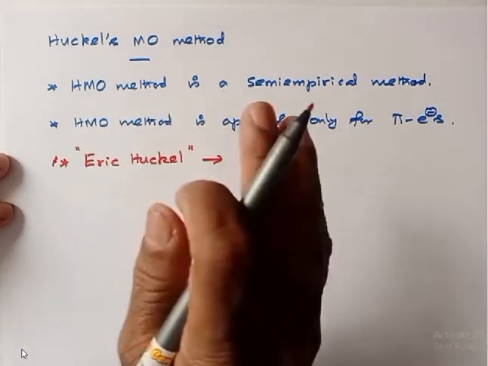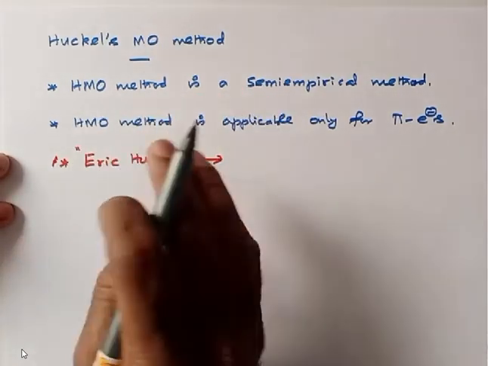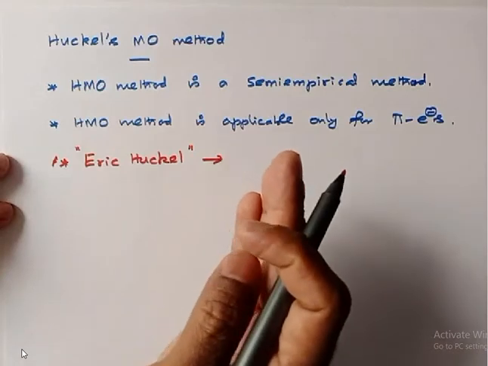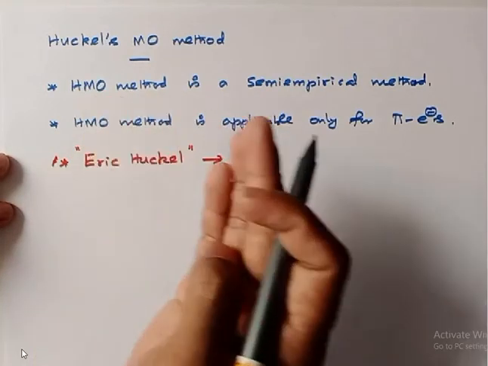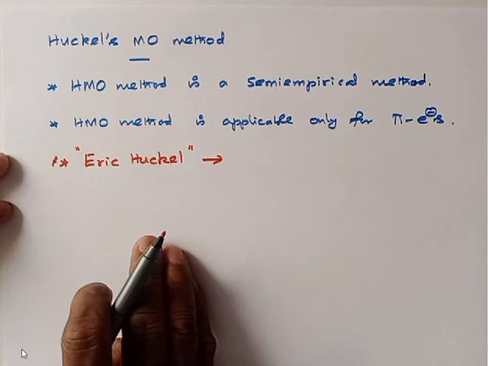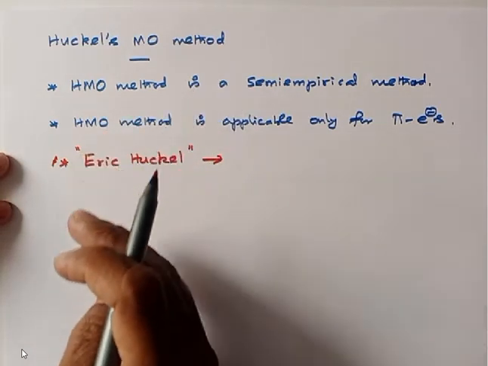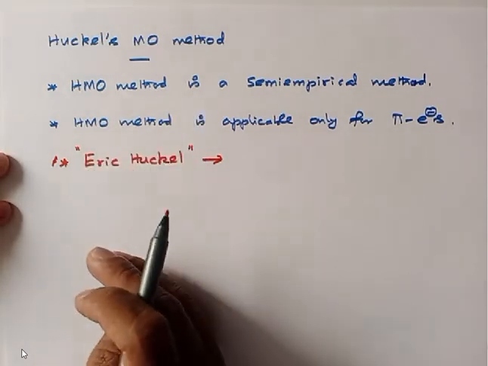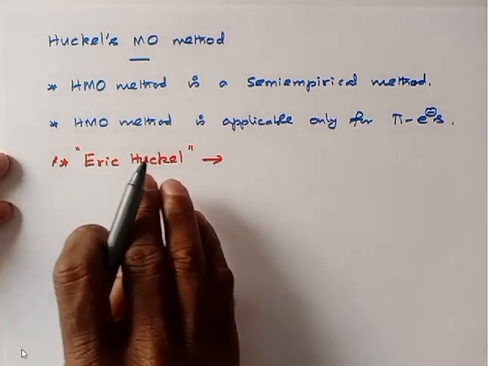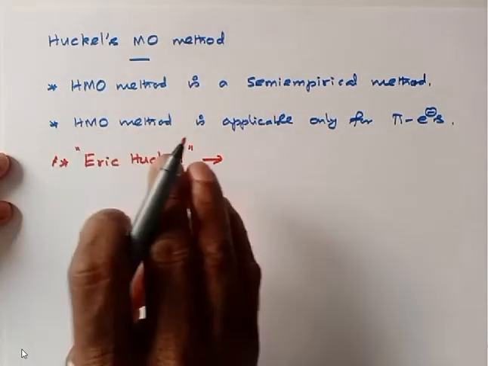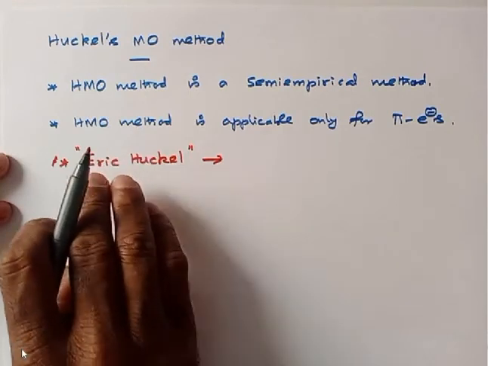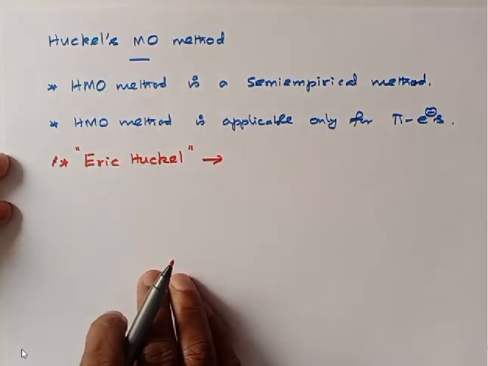He proposed this method to compare the stabilities of molecules containing pi electrons, and you can also calculate the energy difference between the HOMO and LUMO levels. Some comparisons we can make using this method.